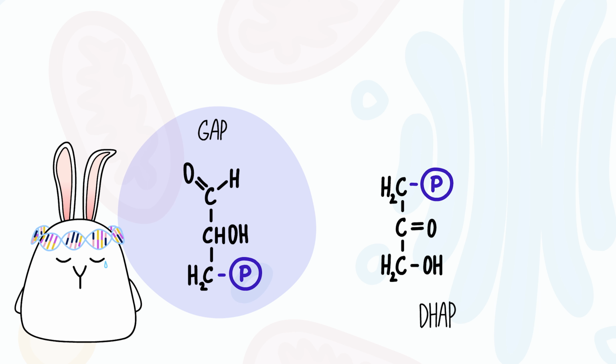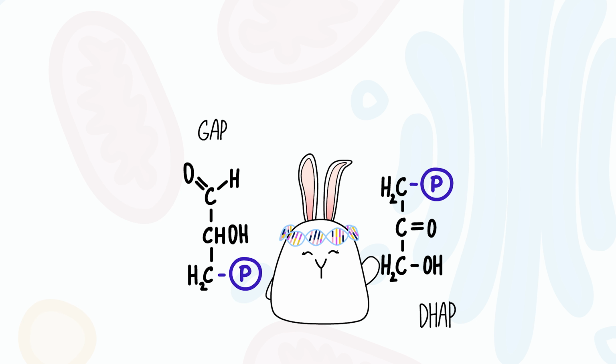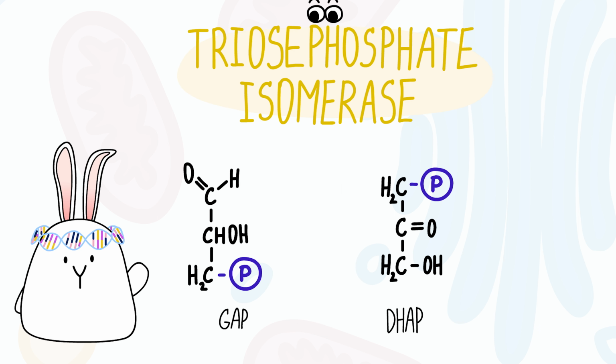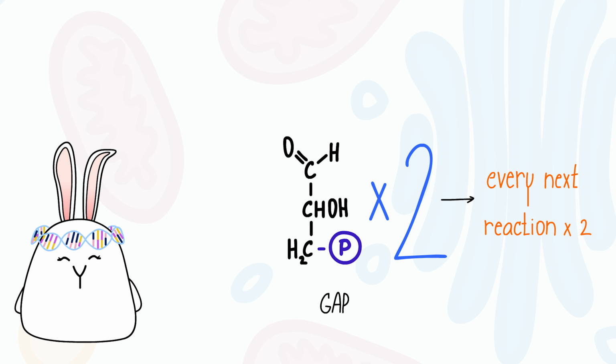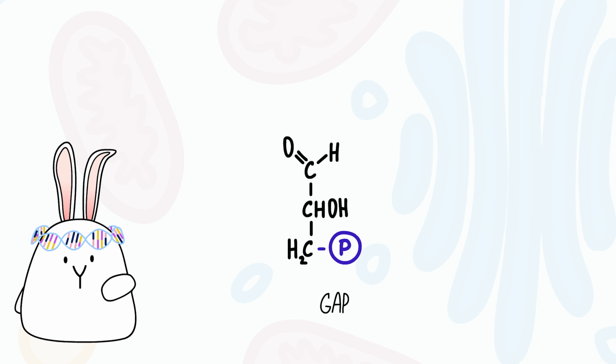Unfortunately, only GAP is allowed to continue in glycolysis. But fear not, DHAP, I have just the thing. Isomerase here will convert DHAP to GAP with ease, so we will end up with 2 GAP molecules. From this point forward, every reaction will occur twice, once for each GAP molecule. Please do forgive me, but I will draw it only once.